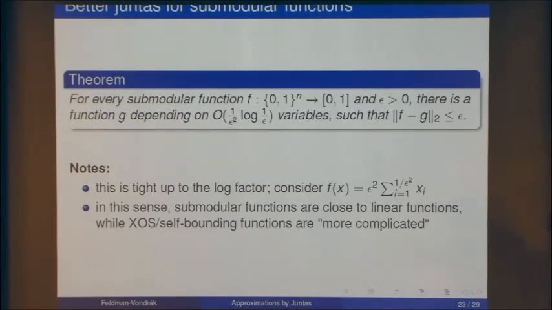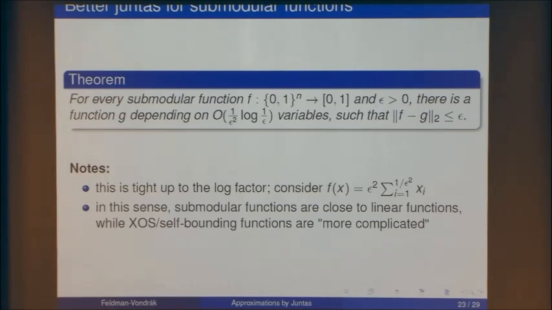You can check that. It's just the standard deviation of a sum of independent random variables. So in that sense, submodular functions are very simple. They're like linear functions. There's a big gap between submodular and the other classes.